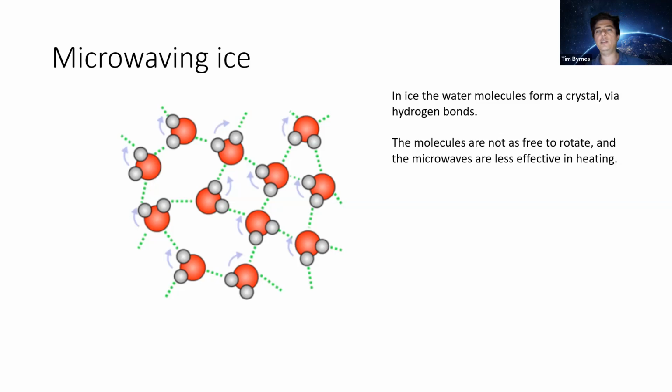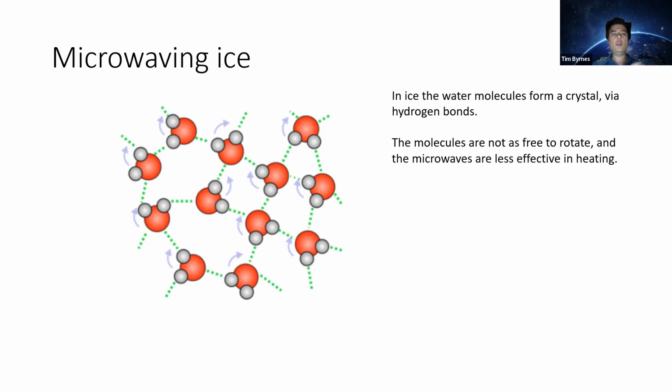And the reason is that what we really want to happen when you microwave something is for the atoms to rotate, but also to bump into each other. In an ice crystal, you have kind of loose ionic bonds. If you've ever done chemistry, ionic bonds are when you have a plus and a minus charge, and they're attracted to each other, and you have this lattice of atoms or molecules that form the crystal.